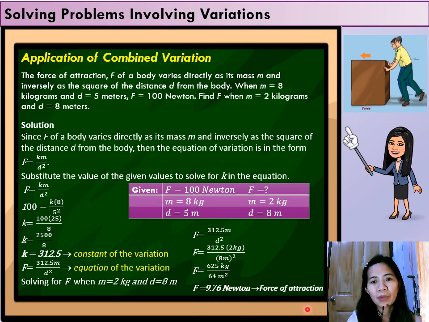Then we divide 625 by 64. The answer is 9.76. The unit used is newton. So this is the force of attraction if the mass is 2 kilograms and the distance is 8 meters.